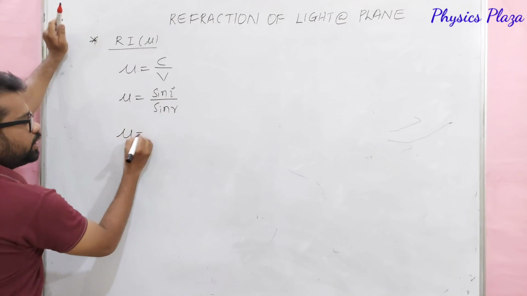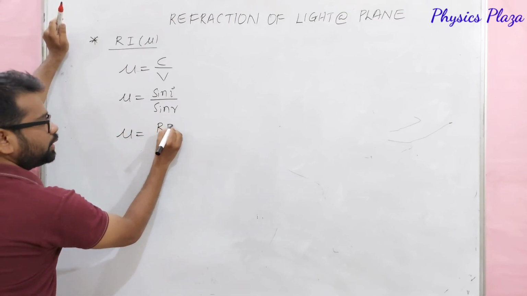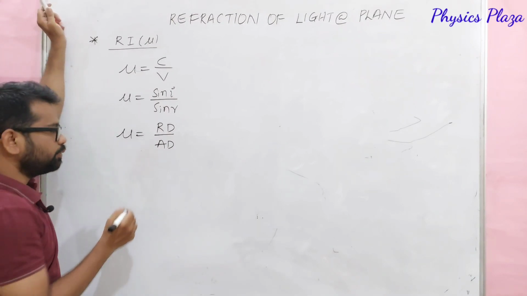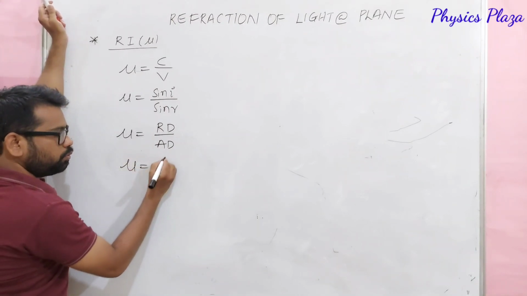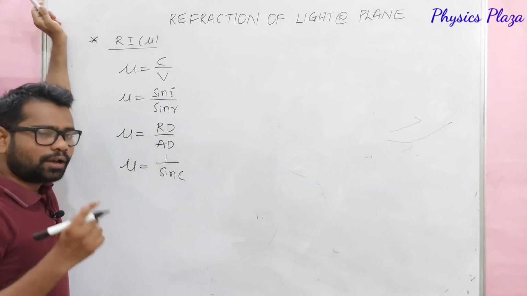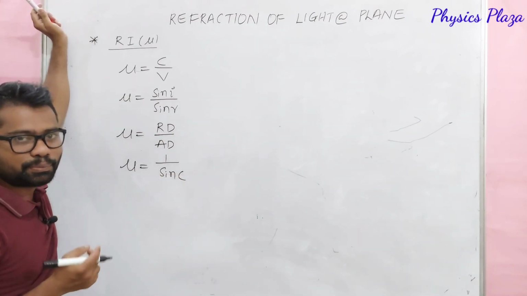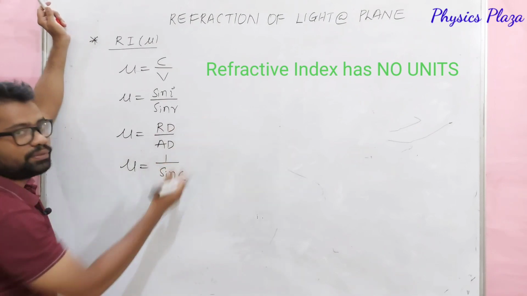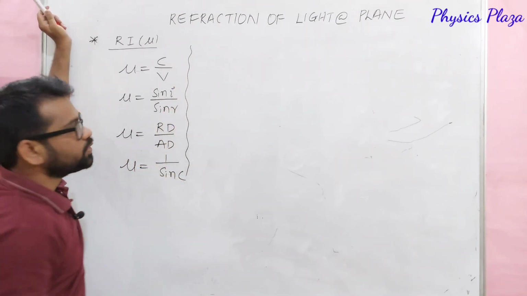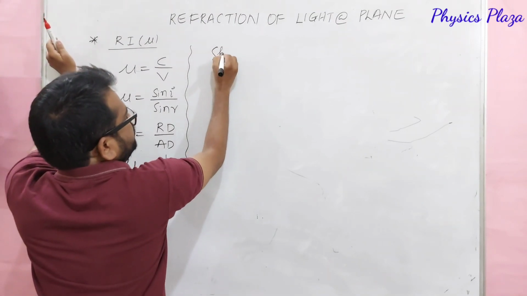Then mu is equal to real depth by apparent depth, and mu is equal to 1 by sin c. And how mu is related to the shift is also very important, children. We will write that specially. So this is all about refractive index. Now come to the shift, dear children.